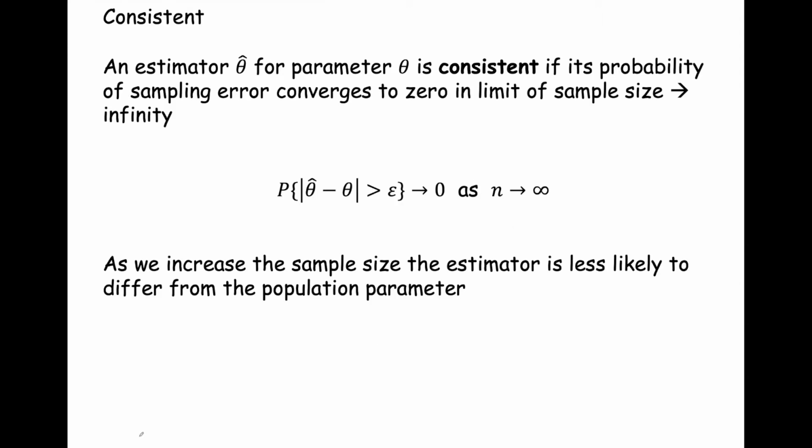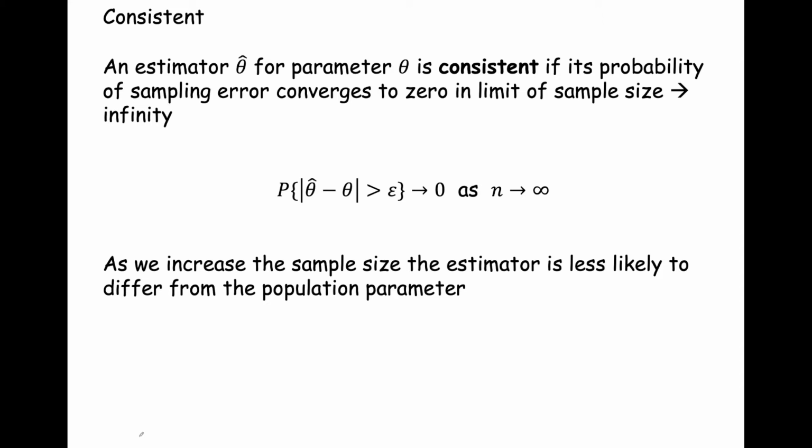We also looked at this idea of consistency, where consistency said a statistic, theta hat, an estimator, is consistent if the probability of sampling error goes to 0 as you increase the sampling size.